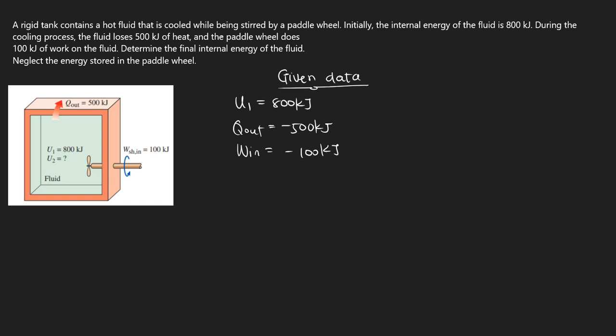Now let's go ahead. The system here is a closed system, when you look at this figure. You see the rigid tank, and you have the fluid in it, and the cooling process taking place by the paddle. Since this system is closed, the fluid in it is going to be stationary.